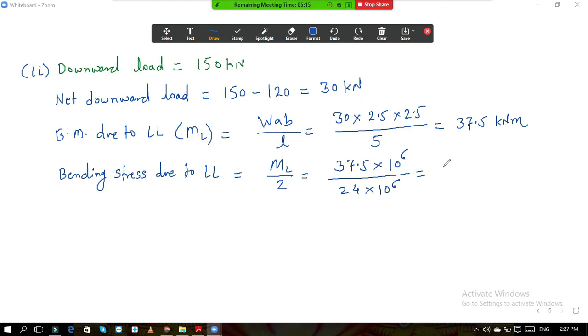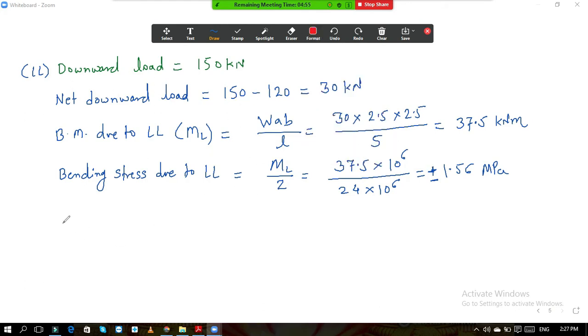So your answer is 1.56 Newton per mm square, and this is plus minus because this load is moving downward, so it will create tension at the bottom and compression at the top. This is the bending stress due to live load.